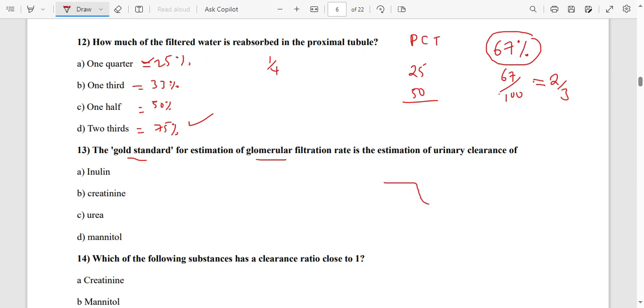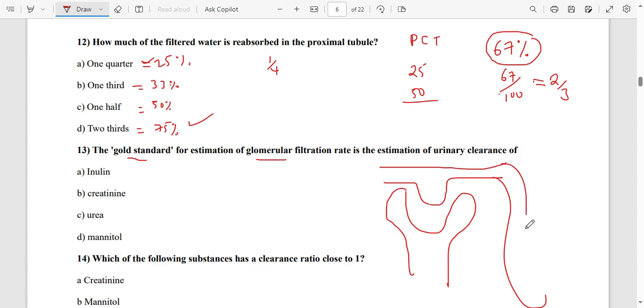The best we can go for here is inulin. Look at this. This is your Bowman's capsule, and then this one will continue like that.